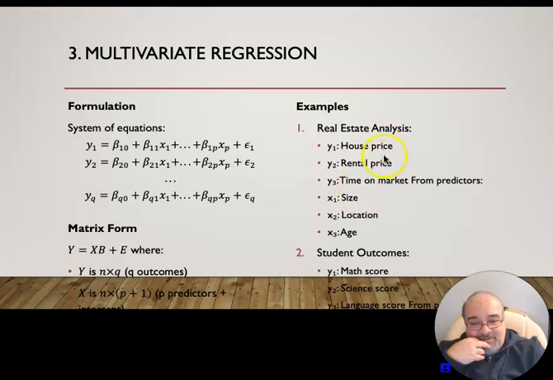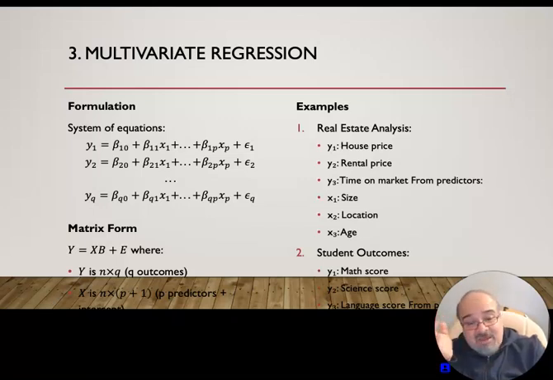In the real estate example that we have over here, price, rent, and time on market are probably correlated in some way. So it makes this approach more relevant and appropriate. And it's particularly illuminating because factors that affect price likely also affect rent and the time that it stays on market.